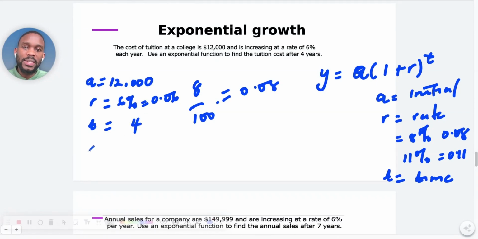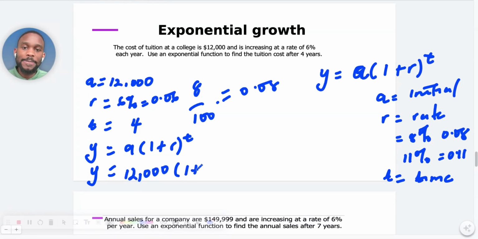So the cost of this college is going to be y is equal to a(1 + r)^t. So y is equal to 12,000(1 + 0.06)^4, because they want us to get the cost of this college after 4 years.